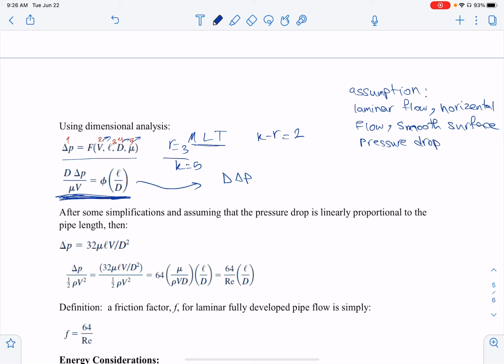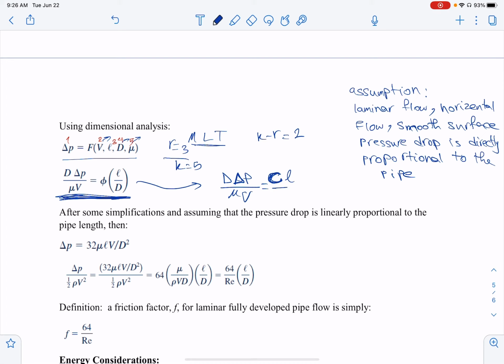And now we are saying that the pressure drop is directly proportional to the pipe length. So it means that D times delta P over mu V is equal to C times L over D. This is how we can make it proportional.